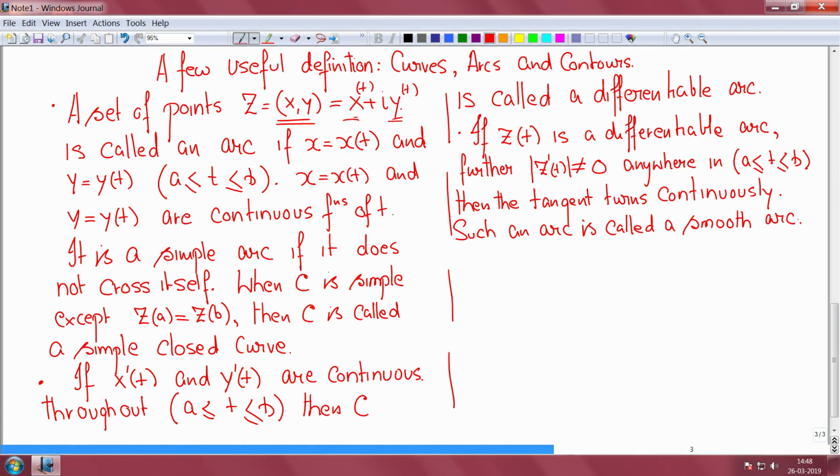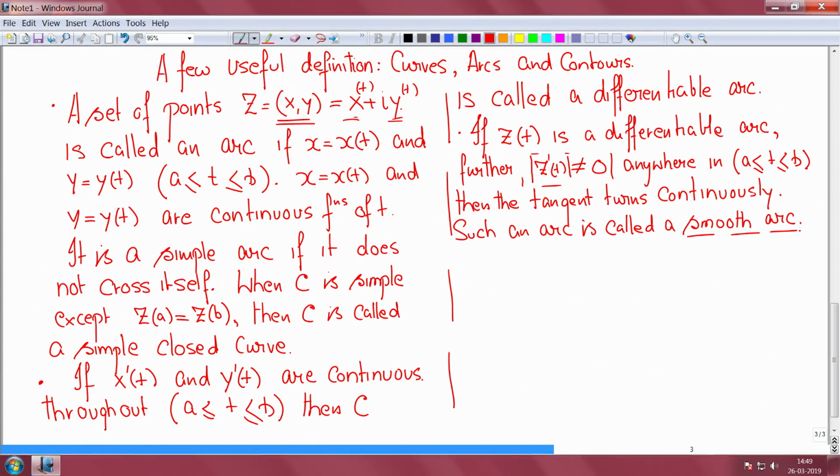We will come across smooth arcs very commonly in our course. So z dash t magnitude going to 0 is a rare case, a kind of pathological degenerate case, so it rarely happens. So we will be dealing mostly with smooth arcs.